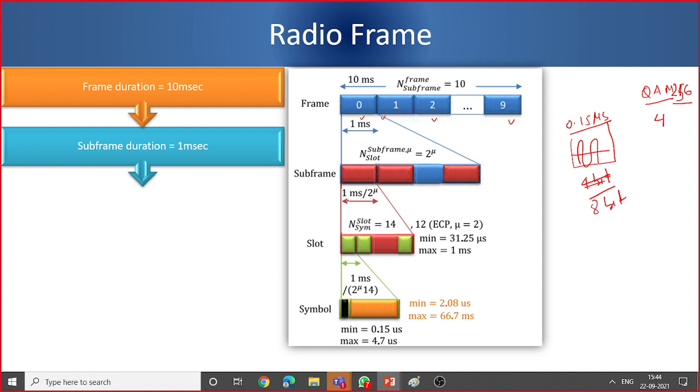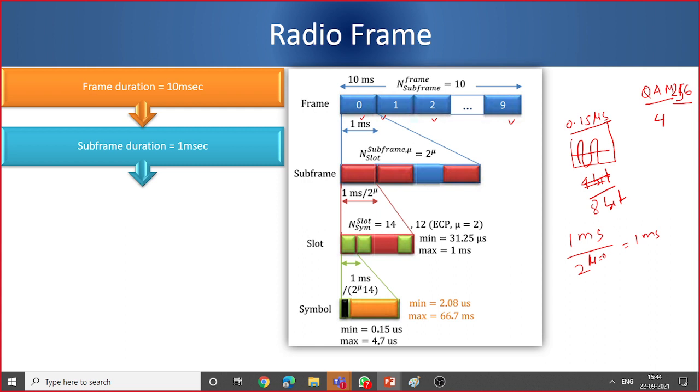There is a formula given: 1 millisecond divided by 2 to the power mu. So if it is numerology 0, it becomes 1 millisecond. As I explained, for 15 kilohertz, your subframe duration and slot duration are the same, because mu is 0, meaning it is 1 millisecond.